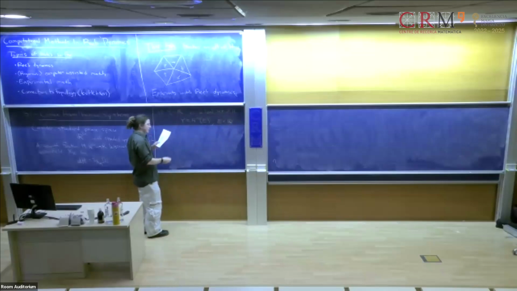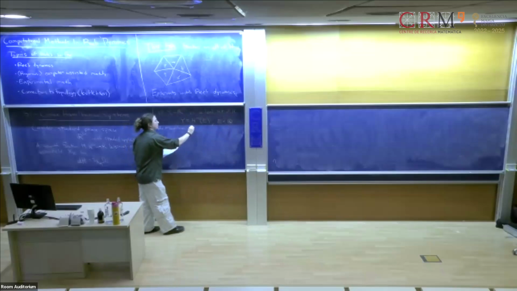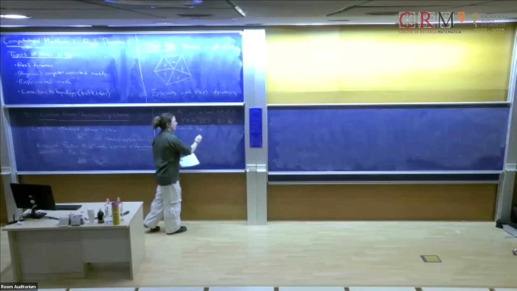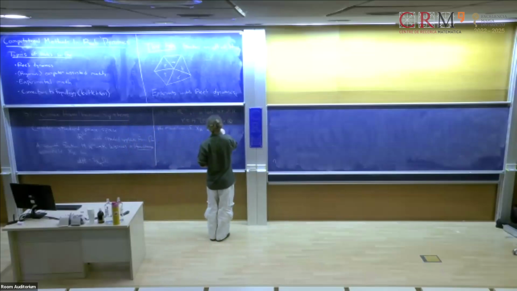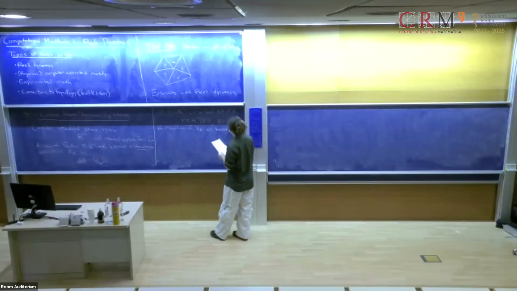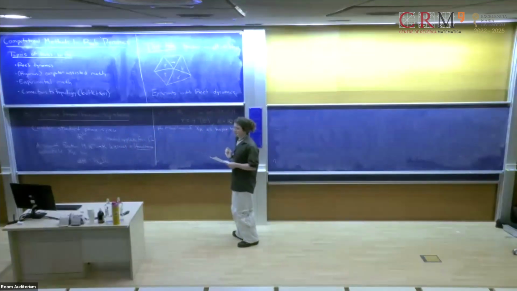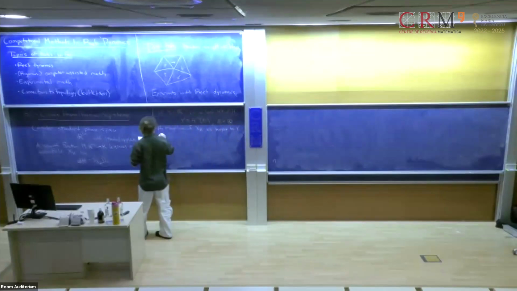Okay, so in this case, the flow lines of H are tangent to the level set, right? That's just conservation of energy. And then also, they actually only depend.